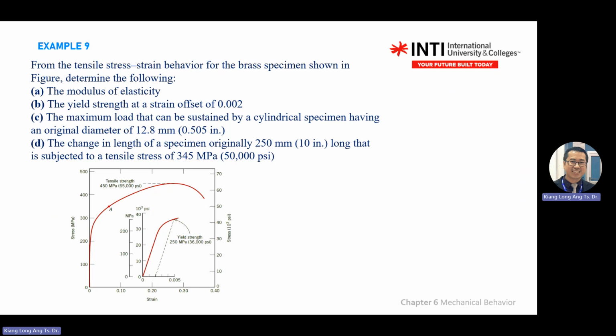You're given this diagram, the tensile graph of stress and strain, with an enlarged portion in the middle for the elastic region. It even gives you the yield strength already in the graph at 0.02%, extended to give you the value of 250 megapascal yield strength.